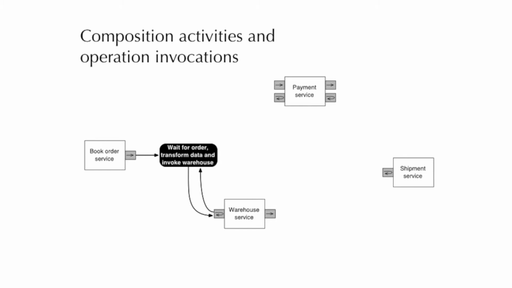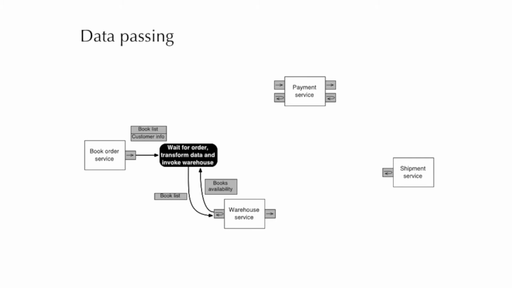But not only this, invoking a service essentially means providing inputs and then processing outputs again. The inputs in this case are, for example, the list of books the customer would like to buy, and some information about the customer himself.